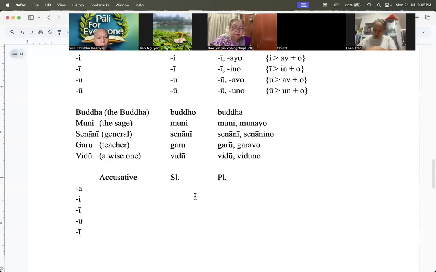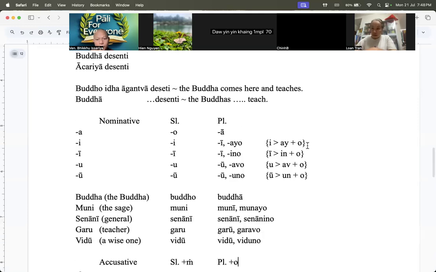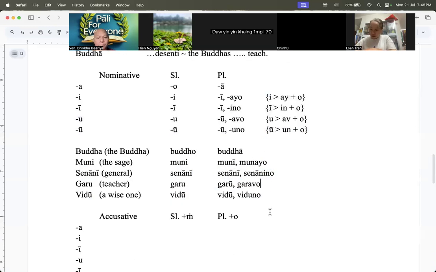So for the accusative case, actually singular is just adding the niggahita. For the plural, commonly we add the 'o'. For example, here also we add the 'o' in this way, mostly.